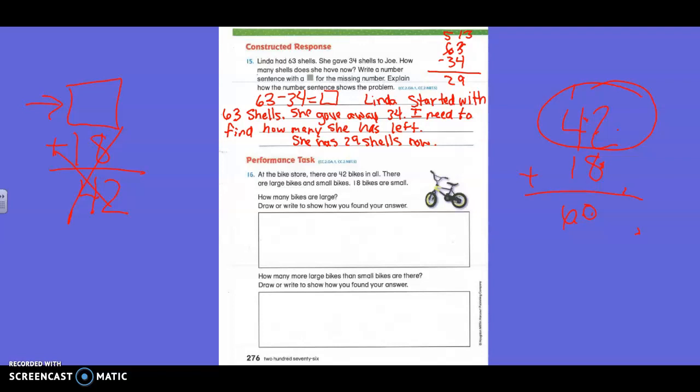That's what I would do. You have your big number, 42, and your other number, 18. Because if you had 42 bikes, you knew 18 of them were small, so subtract 18 to see how many are big. Okay? So 2 minus 8 is what?